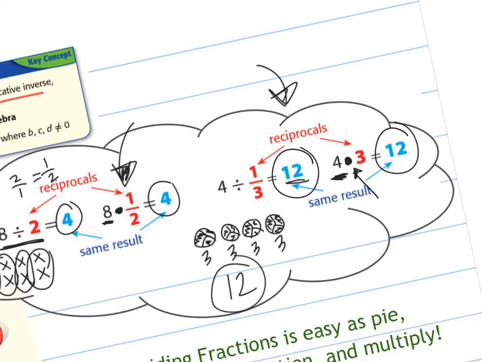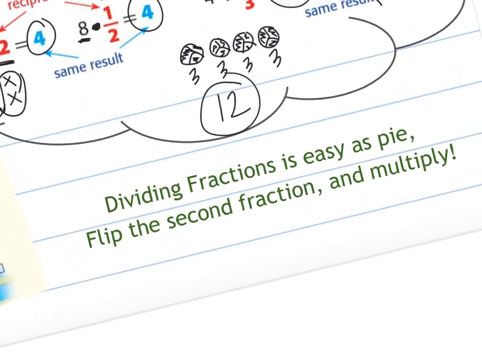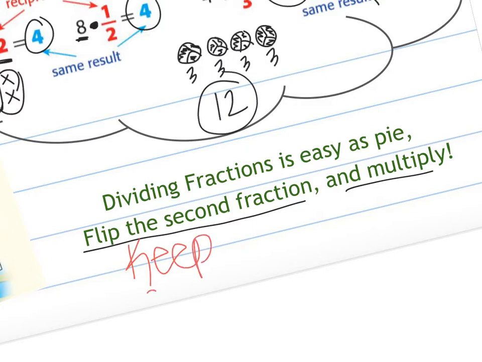So if you did not write this down earlier, write down: dividing fractions as easy as pi, flip the second fraction and multiply. Another thing that would be helpful for you to write is keep, change, flip.